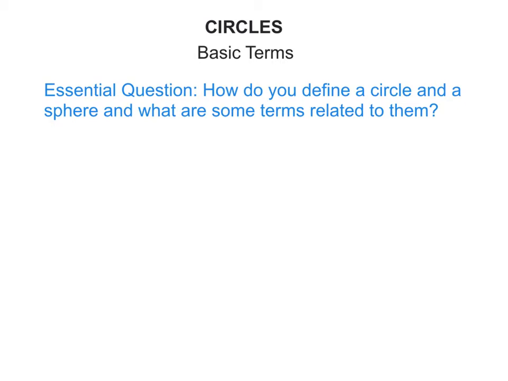So let's start out by defining what a circle is. A circle is a set of points in a plane at a given fixed distance from a given point in that plane.